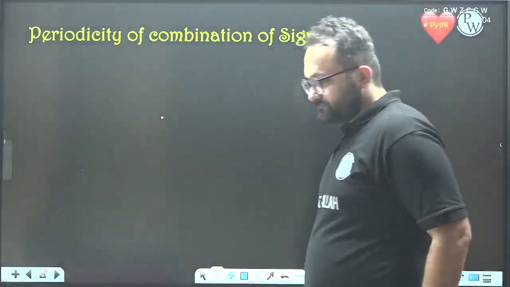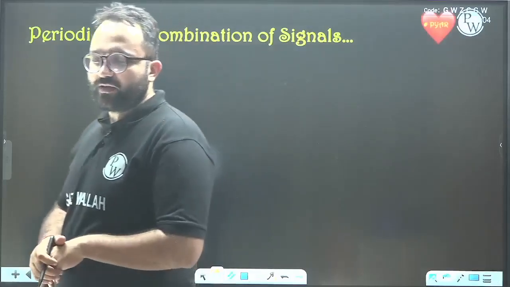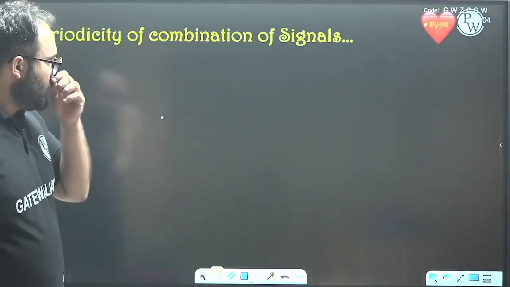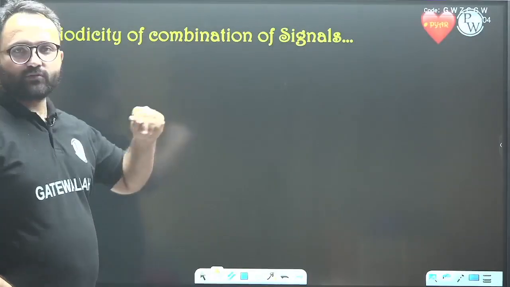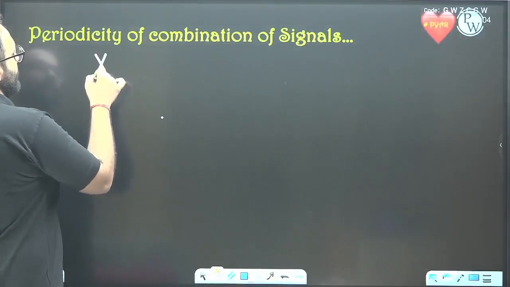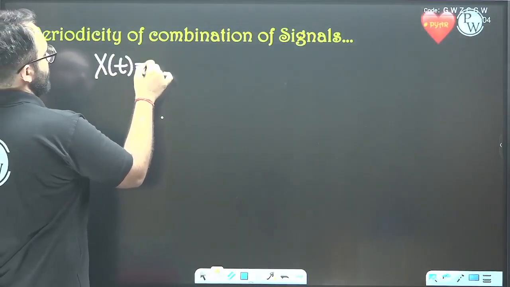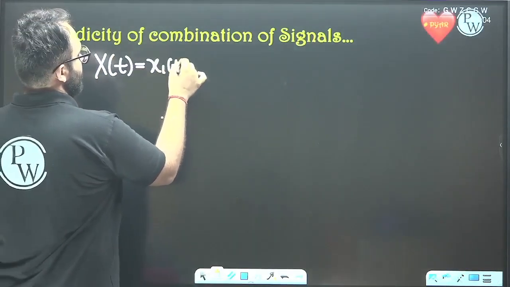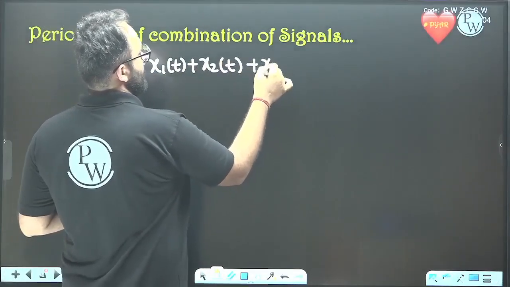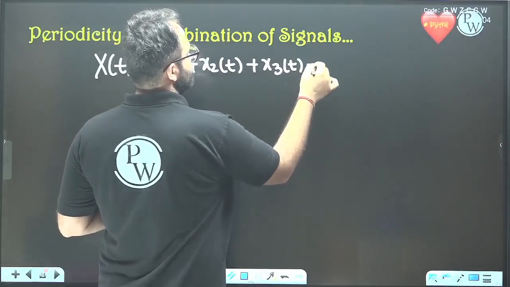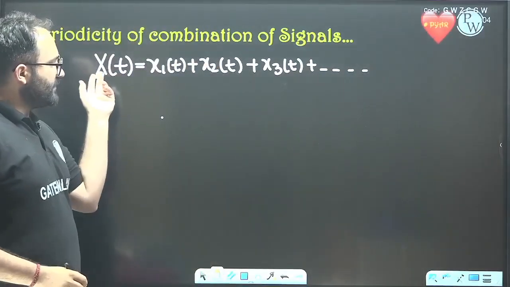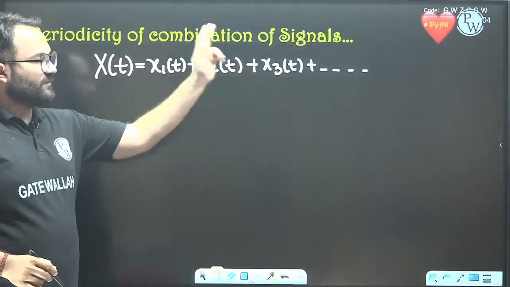Now we have one format of question which is very favorite to the GATE exam, that is a combination of signals. Combination of signals means sum of signals. So we have a signal that is capital Xt equals x1t plus x2t plus x3t and so on.